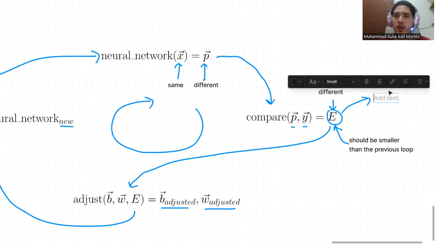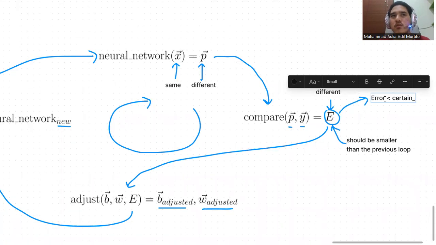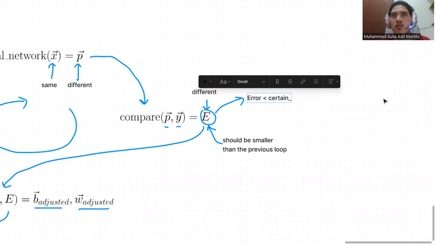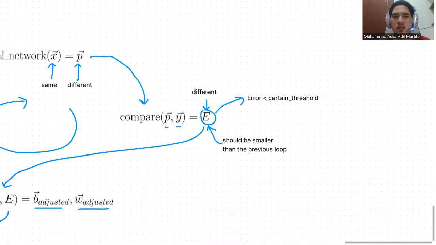until the error passes a certain threshold. So the error should be smaller than a certain threshold, right?